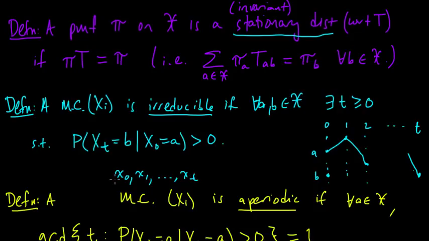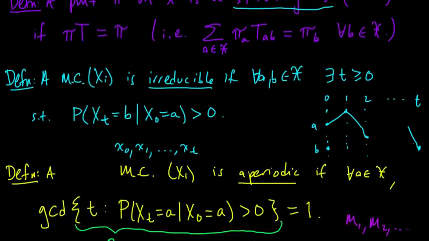So multiply together the probability of going from x0 to x1 times the probability of going from x1 to x2, and so on, all those entries of the transition matrix.